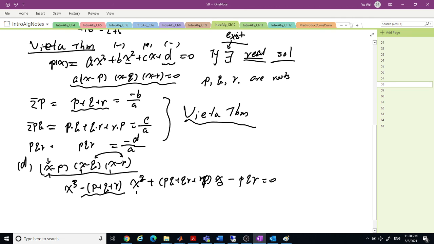So this one gives qr, this one gives pq, and taking x here gives pr. How do you get the constant? Take negative p, negative q, negative r. So you can also apply this to a polynomial with power n.